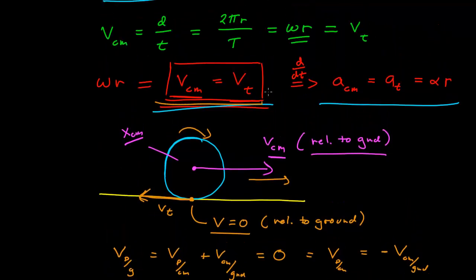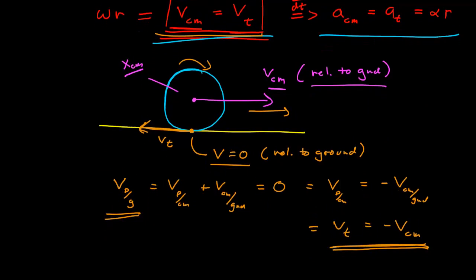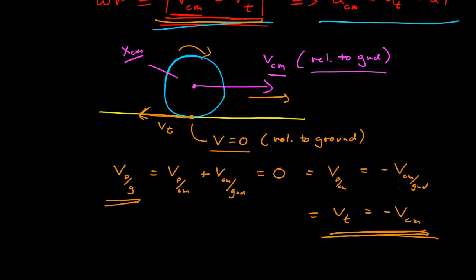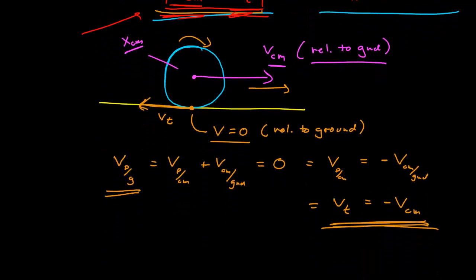Up here, we were talking about the magnitudes; we didn't care so much about the direction. Here we have the direction determined by the minus sign, but the key element is that it confirms what we had before: the speed of the object, the magnitude of the velocity of the center of mass, is equal to the magnitude of the tangential velocity as it's rotating.